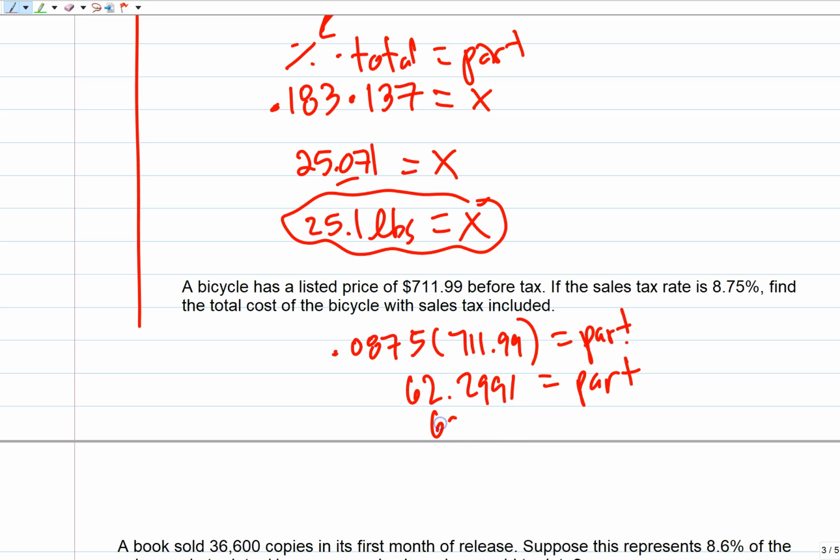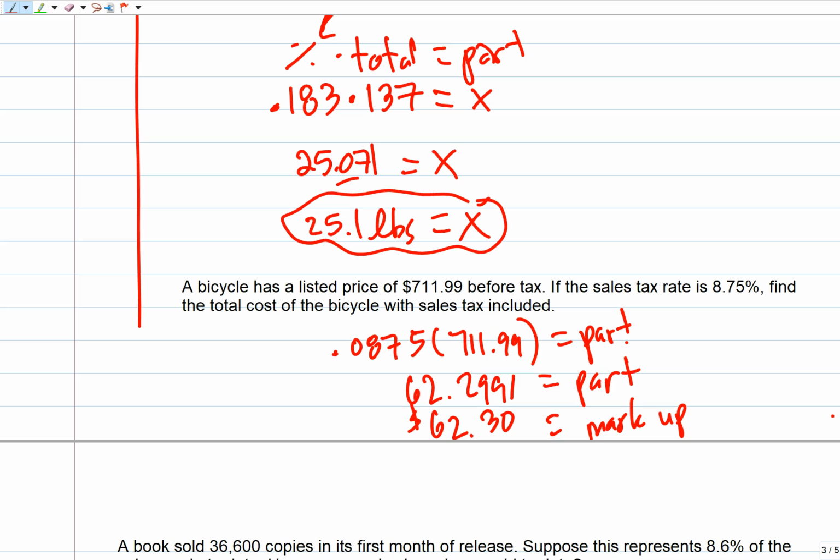They'll probably charge me, rounding that up to 30 cents. So is that the cost of the bike? No, that's just the part. That is kind of like the markup, the percent times the original amount. It got marked up $62.30 with the tax.